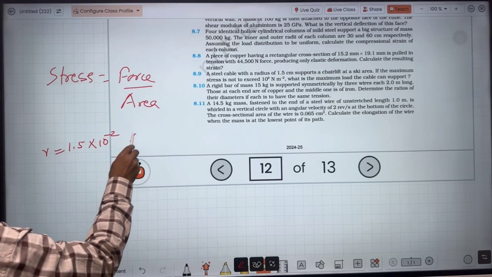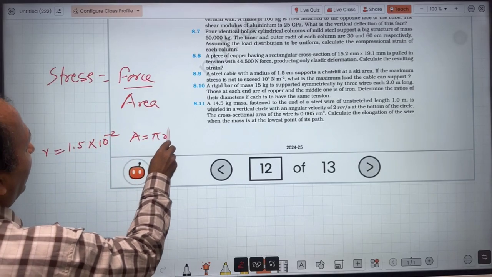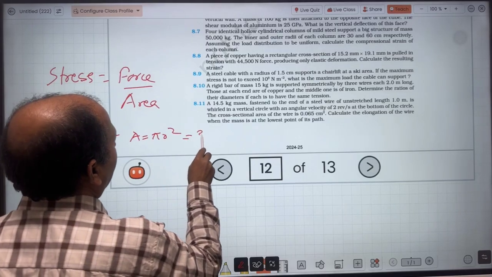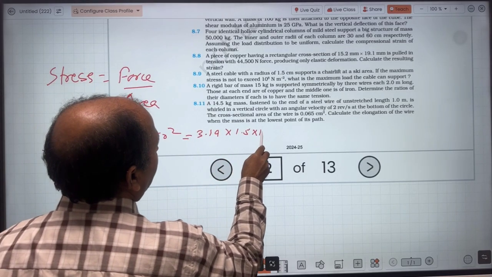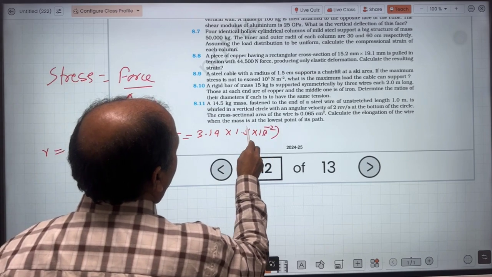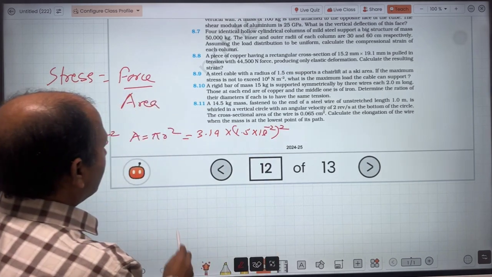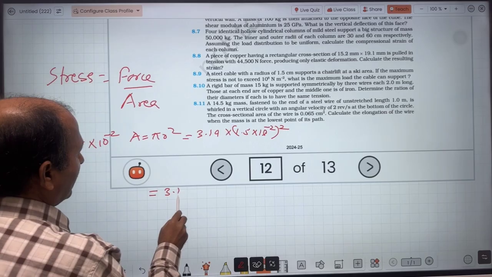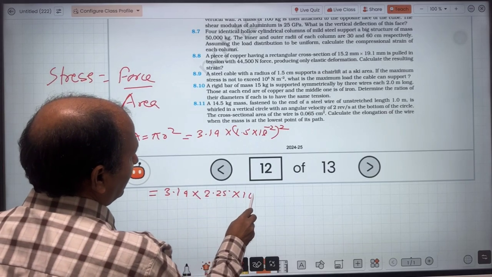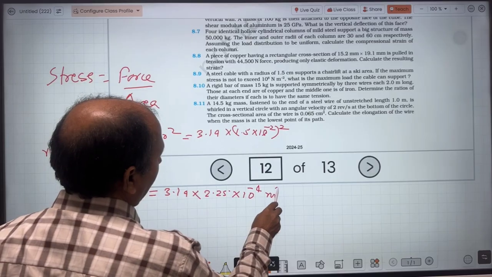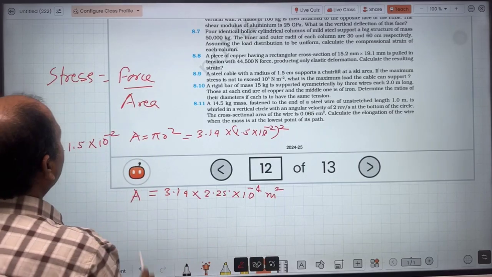Area will be pi r square, that is 3.14 into (1.5 into 10 to the power minus 2) whole square. So 3.14 into 2.25 into 10 to the power minus 4 meter square. So this is the area.